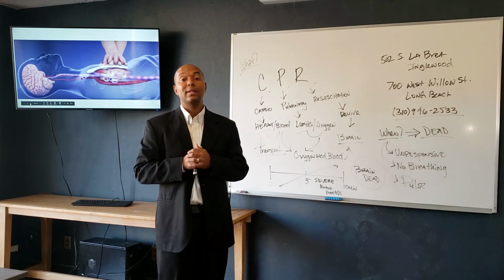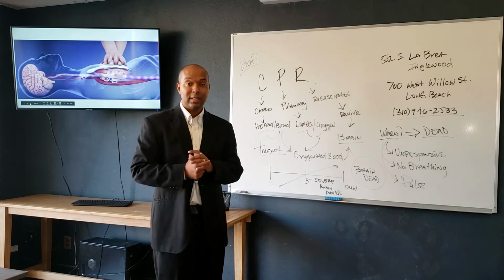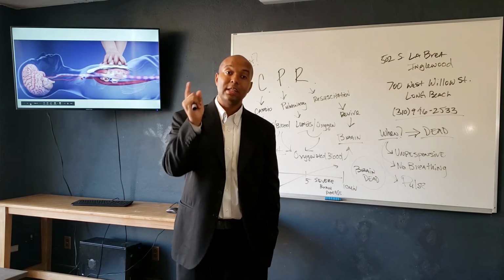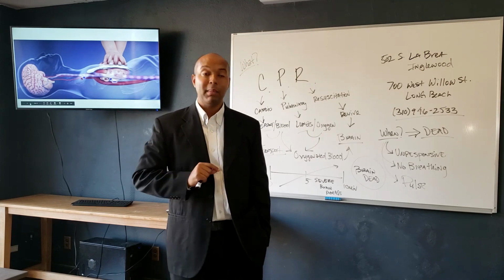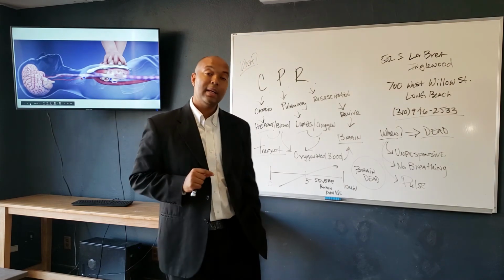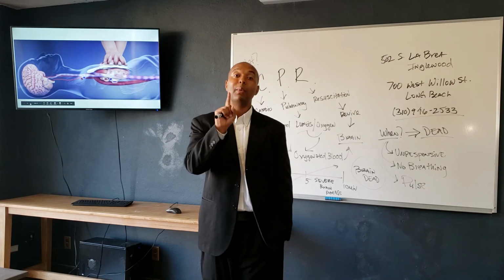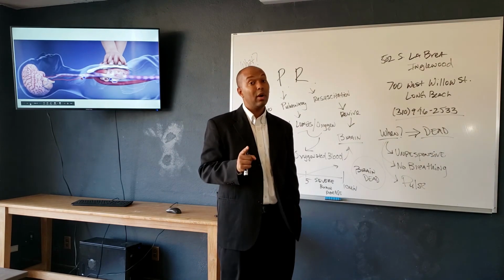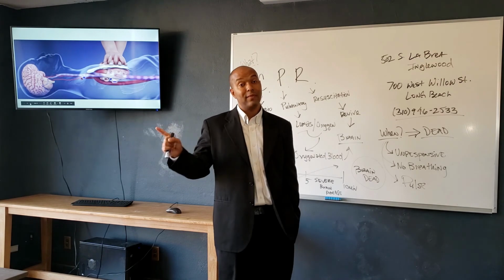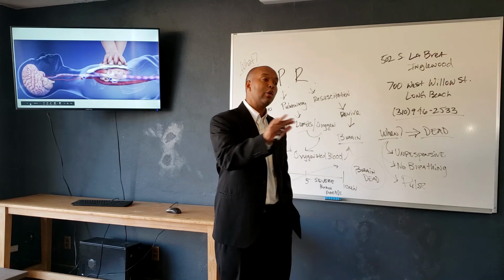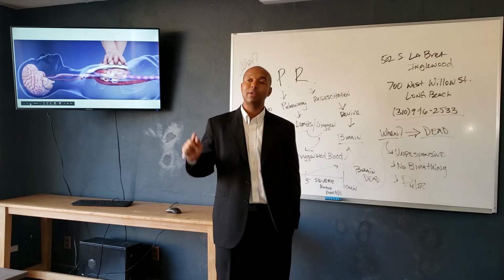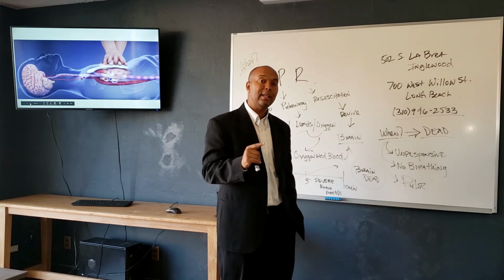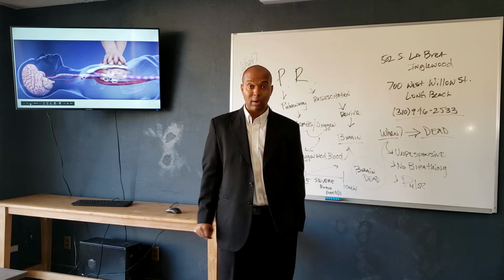They say 8 out of 10 times, nobody is doing CPR. It's very, very important that we have you guys spread the news, share this information with everybody else. That way we can have more lives saved. Now, the #1 cause of death in the world is heart disease. But did you know that the #1 cause of heart disease is food? Okay, we have multiple videos on high blood pressure, diabetes, and all these different things that can lead to you having to do CPR on somebody, right?